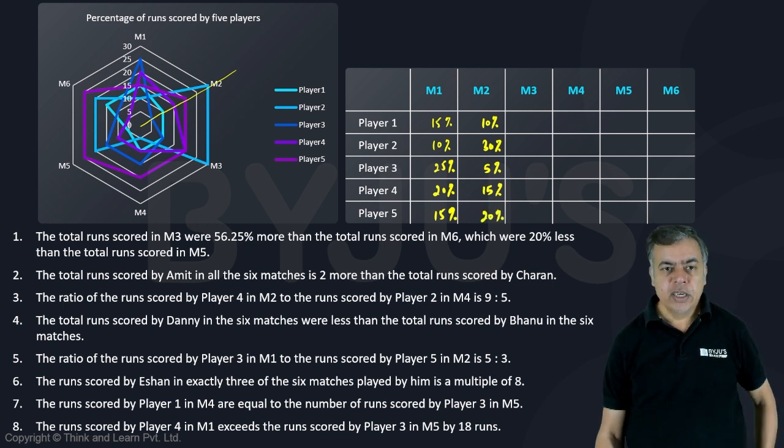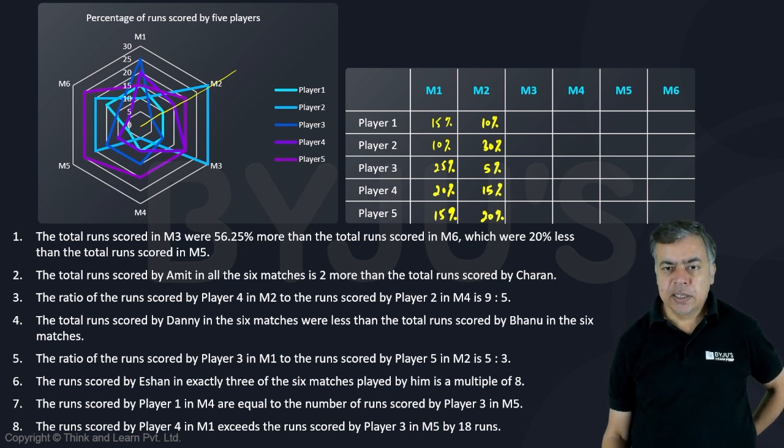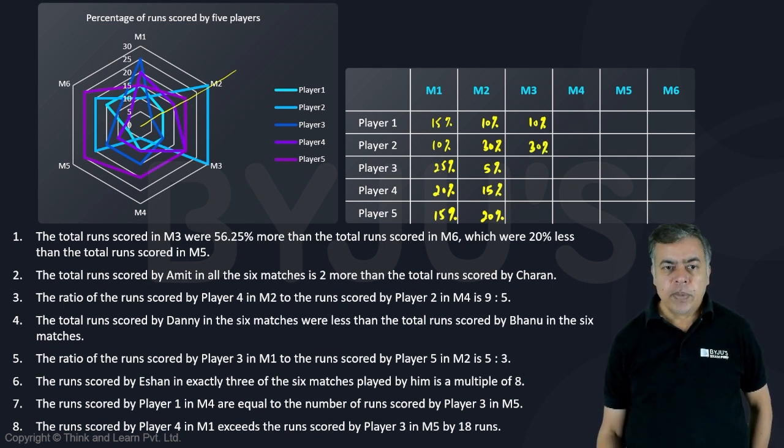Okay, match 3. Player 1 is again 10%. Player 2 again 30%. Player 3, the blue one, is 10% again. And player 4 and 5 both are 20%.